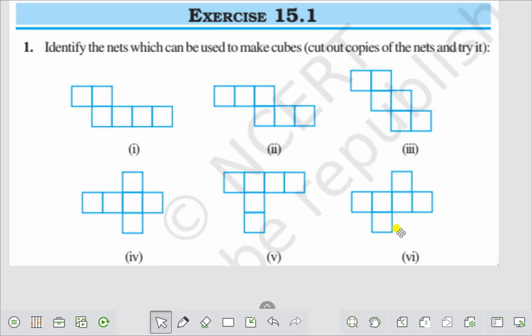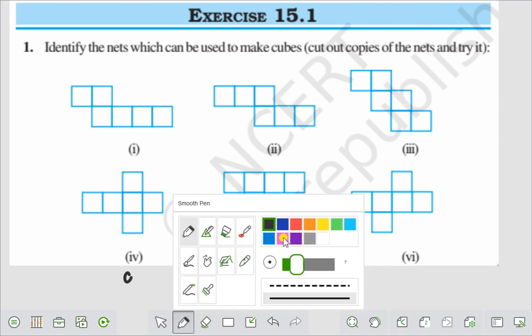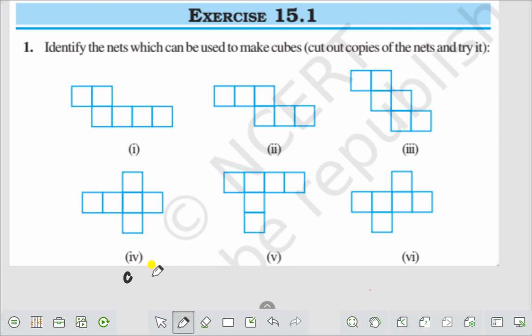Therefore we are getting that the cube nets are number 2, we can make with number 3.